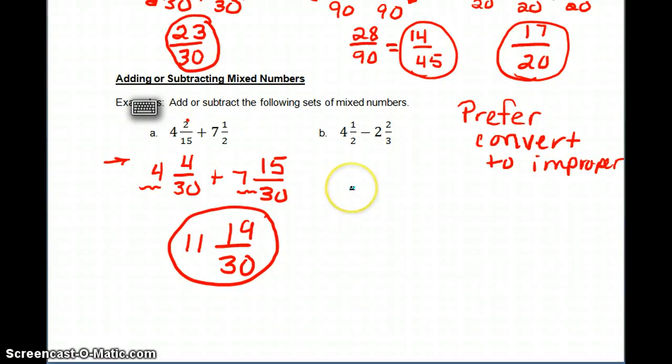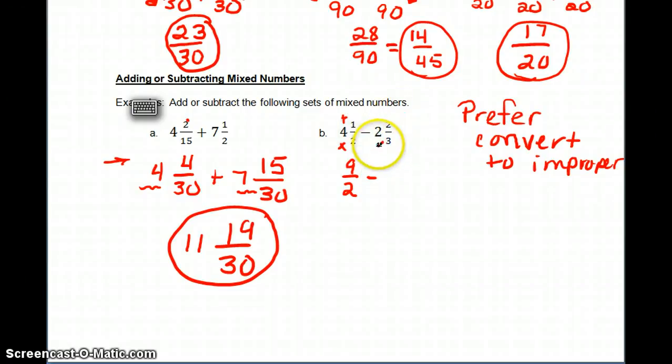So let's refer back to the skills that we learned before of converting to an improper fraction. The first thing that we have to do is remember that we multiply the denominator by the whole number and then add the result to the numerator. So 2 times 4 is 8. 8 plus 1 is 9. And you keep the denominator the same.